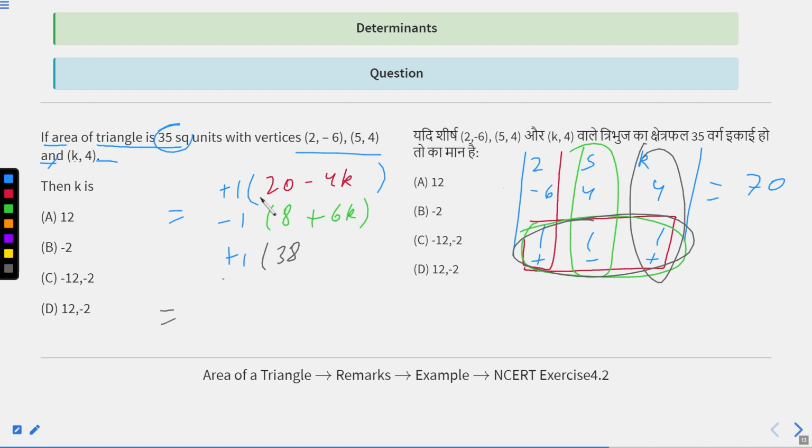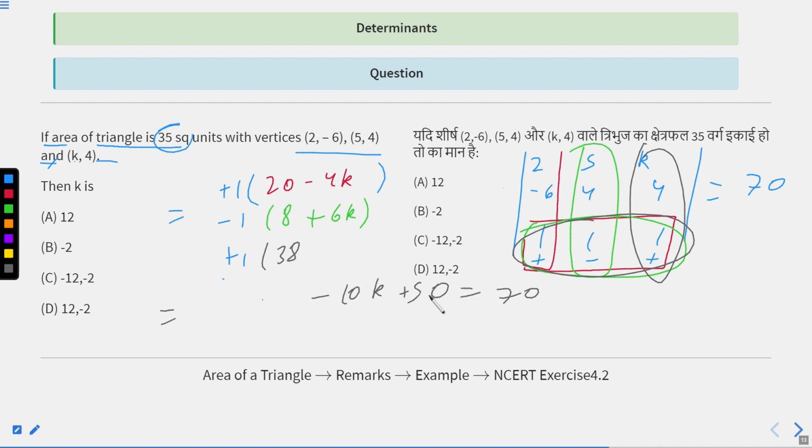Now this will be 20 minus 4k minus 8 minus 6k plus 38. This will be 50 minus 10k, and this whole determinant is equal to 70.